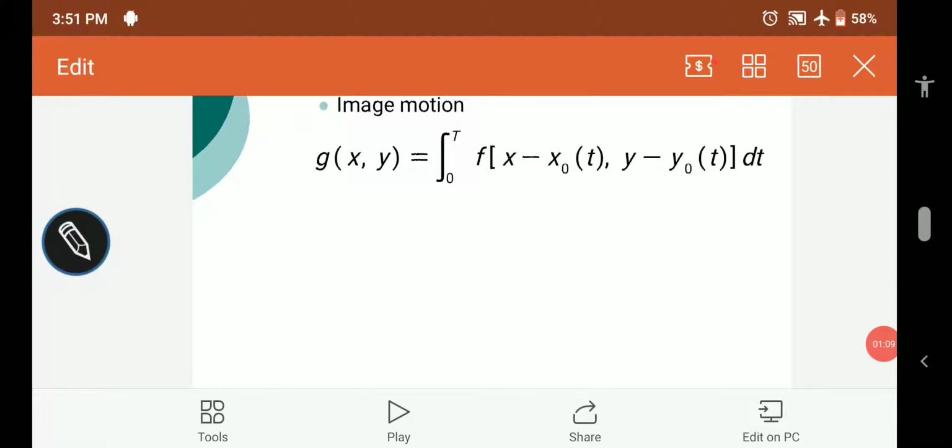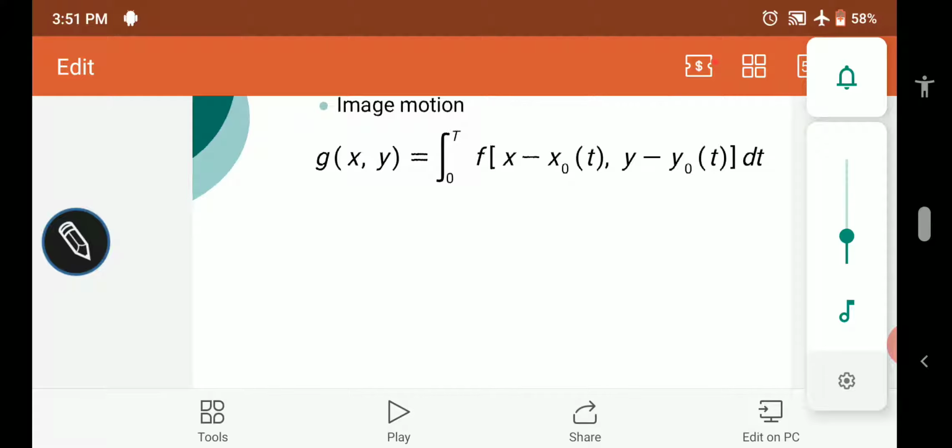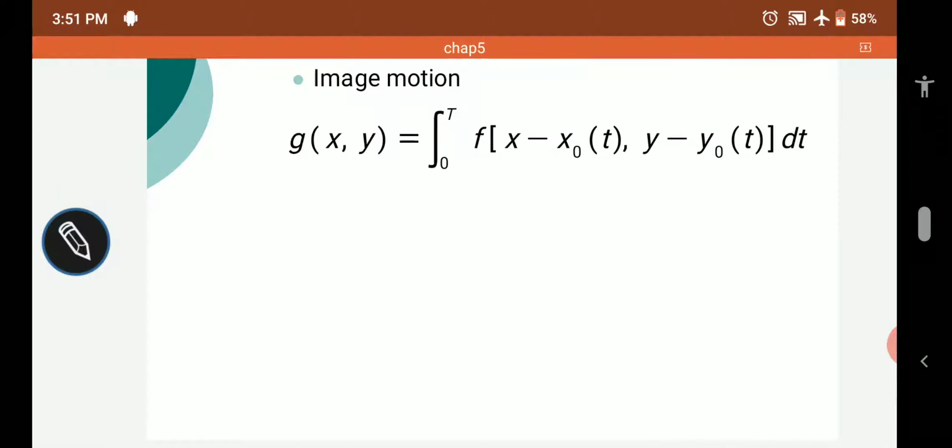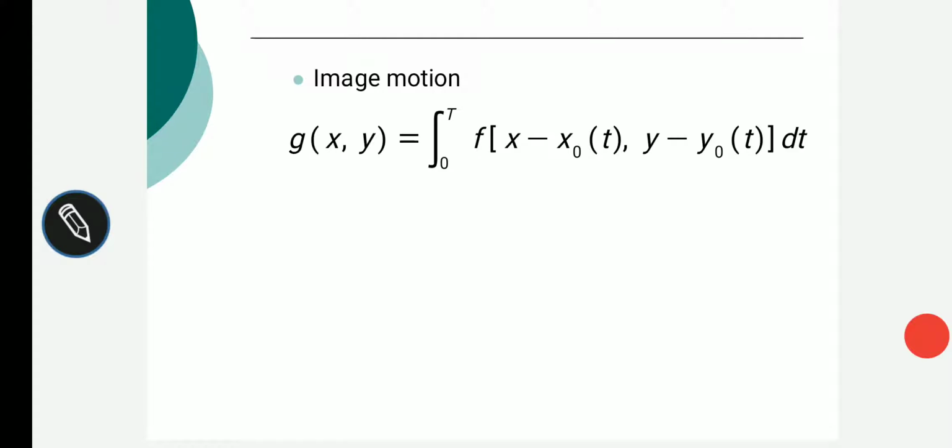Now let us see the procedure by treating in some detail the case in which an image has been blurred by linear motion between the image and the sensor during the image acquisition.